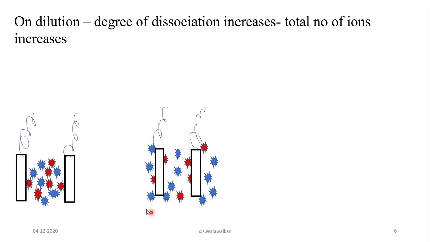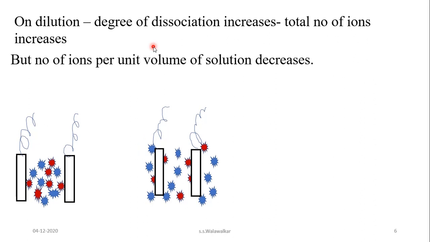So on dilution, what happens? The degree of dissociation increases, the total number of ions increases, so conductivity should increase. But conductivity means what? The electrolytic conductance of a solution due to ions present in 1 centimeter cube volume of solution, that is, unit volume of solution.